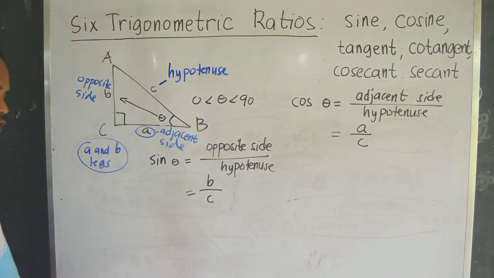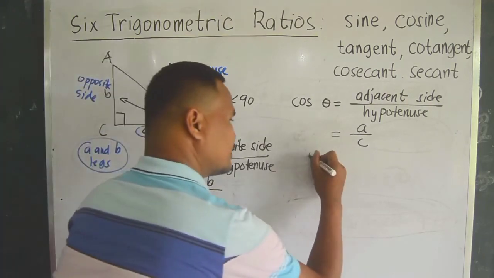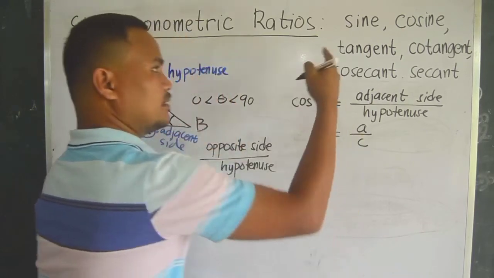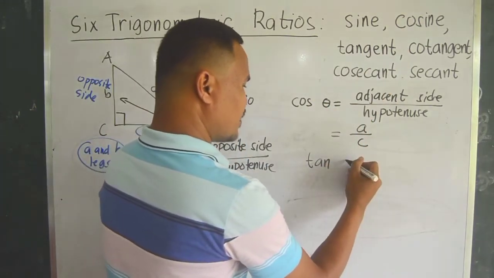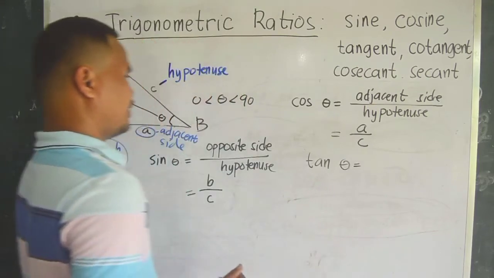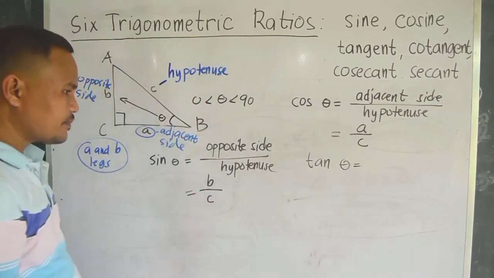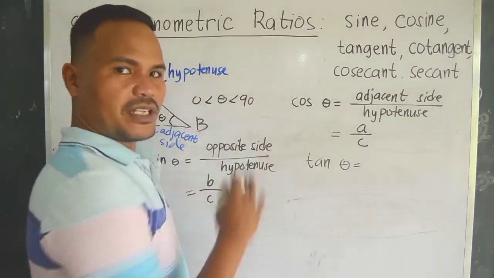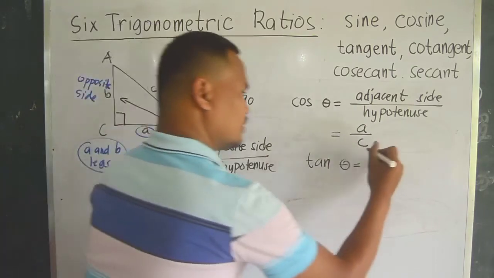Okay, for tangent, tan is the abbreviation of tangent. So tangent theta is opposite over adjacent.